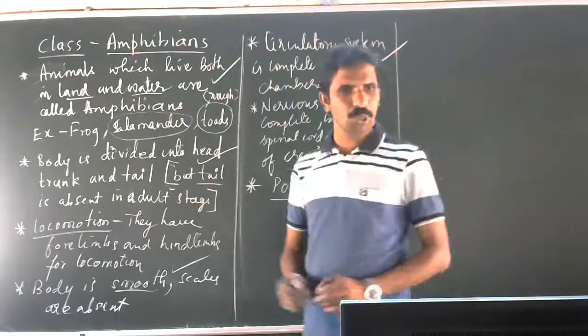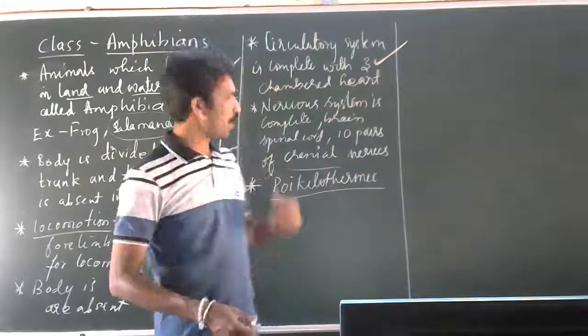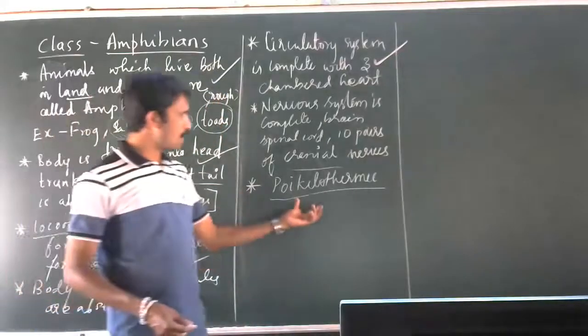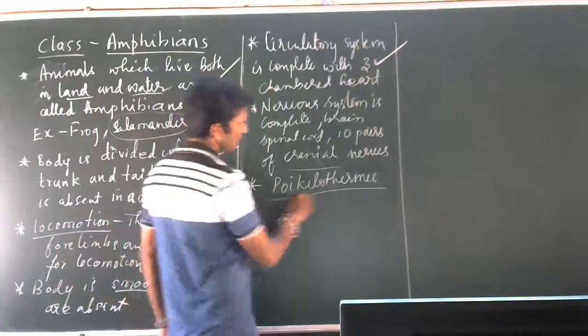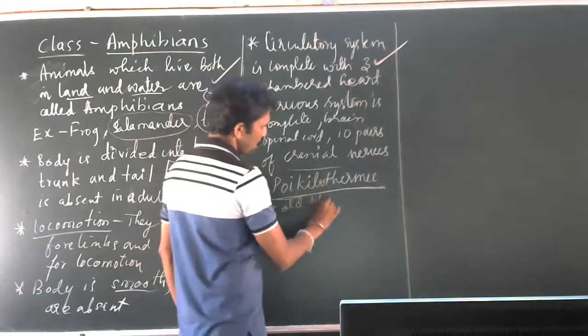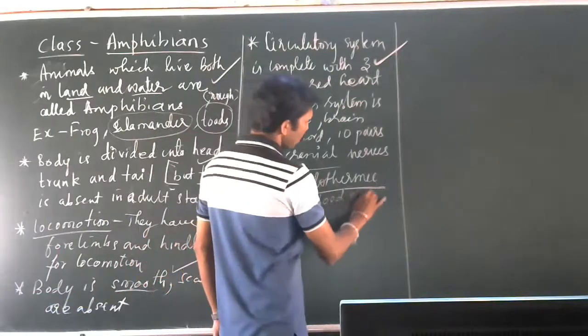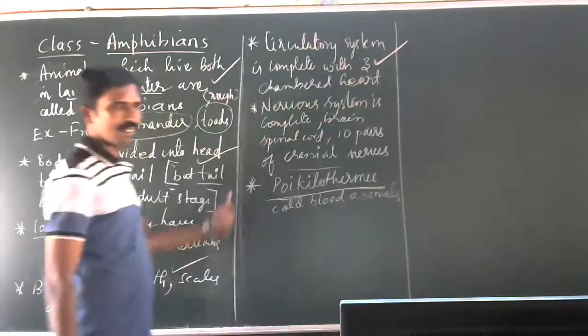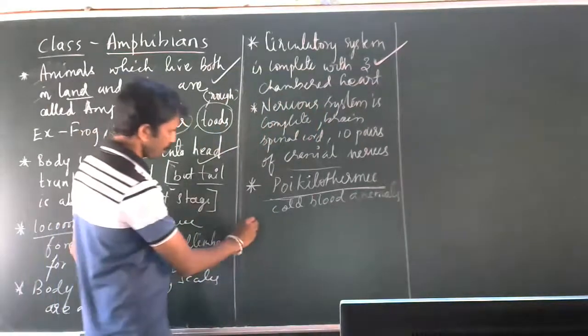If there is a fluctuation in the environment, the body temperature also changes. So that is known as poikilothermic, or cold-blooded animals. It is not that the blood will be cold; the body temperature fluctuates.